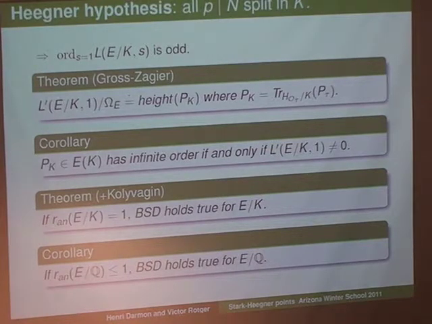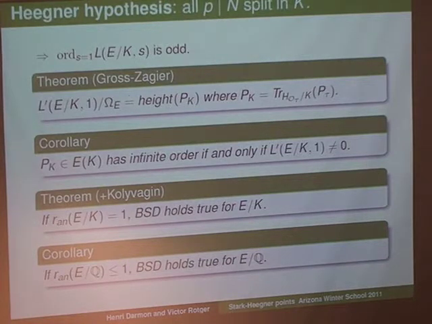You can use this argument, choosing a suitable auxiliary imaginary quadratic field K, so that you can apply the formula of Gross and Zagier and the theory of Kolyvagin to prove, and I'm not going to explain the details now, of course, that if you have any elliptic curve over Q whose analytic rank, the order of vanishing of its L-series, is at most 1, that is, either 0 or 1, then BSD holds for this elliptic curve.